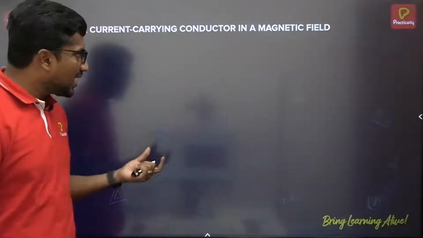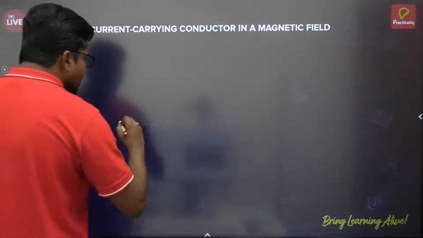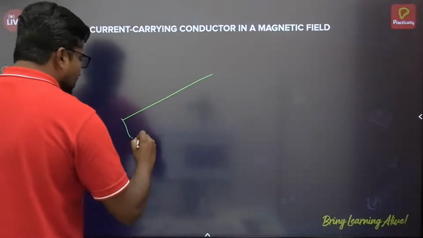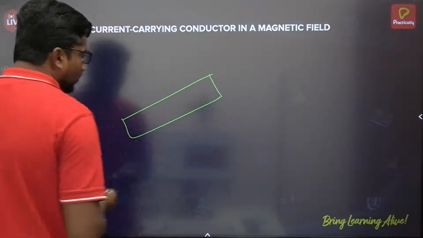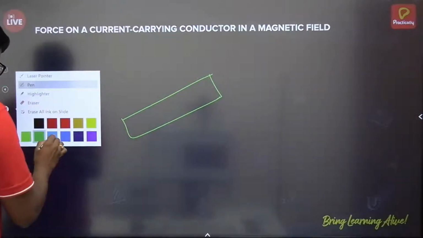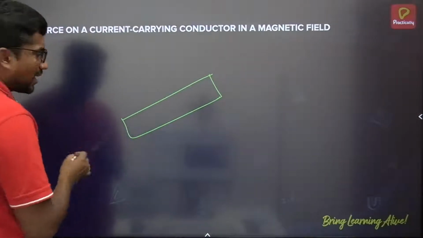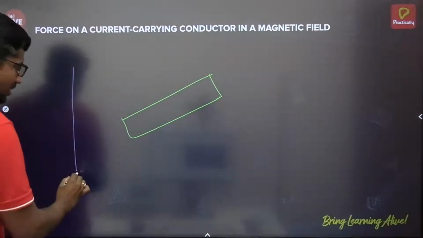This we can explain with the help of a simple activity. Consider a conducting rod, just like an aluminum rod. Place this aluminum rod between the poles of a horseshoe magnet. Why a horseshoe magnet? Simple.